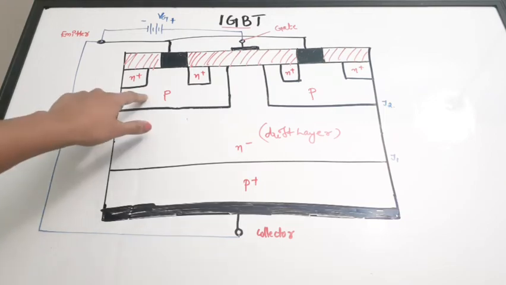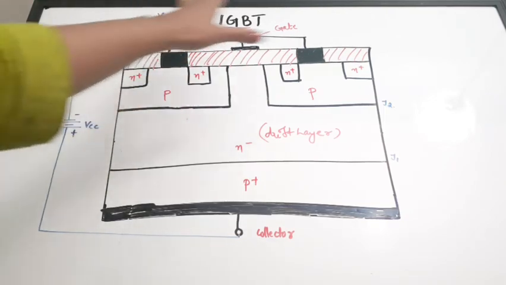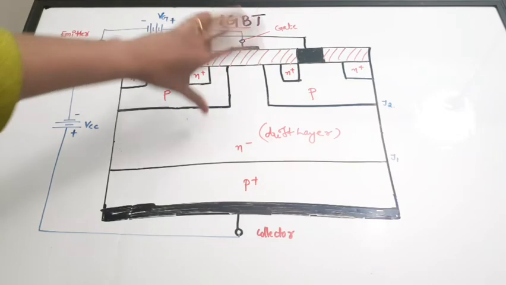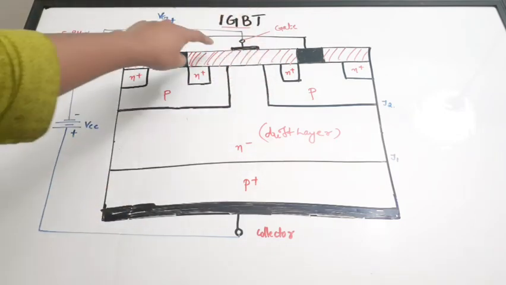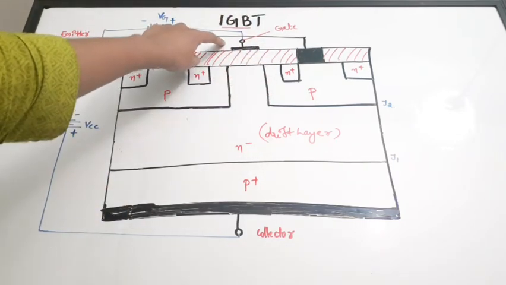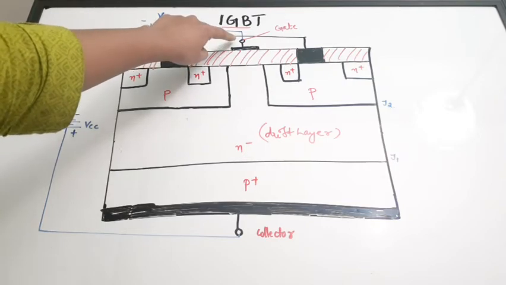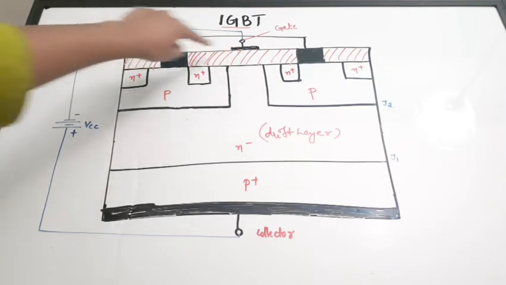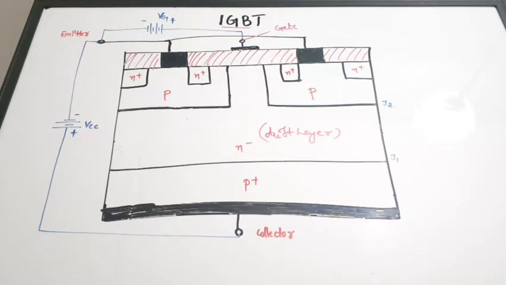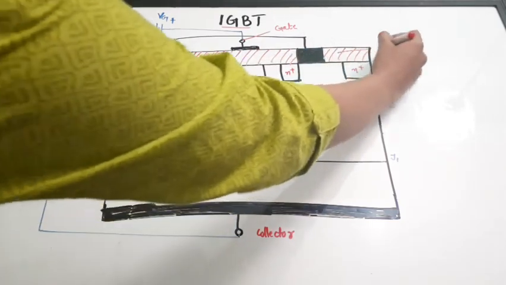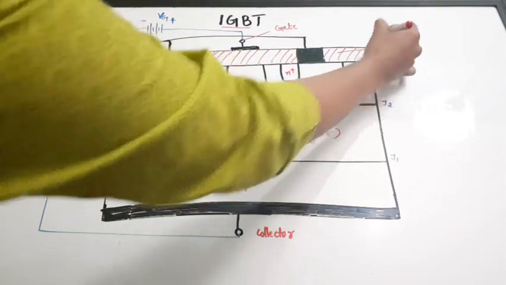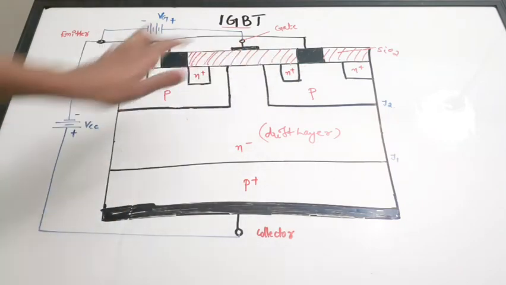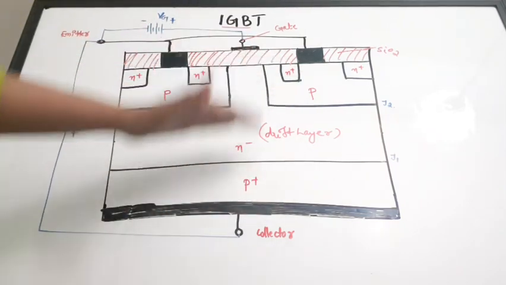Then there is a P layer, and you can see a MOSFET like structure towards this end. There is a metal contact taken for the gate, and then there is an insulation, this layer, which is SiO2. So there is an insulation between the gate contact and the substrate or body.